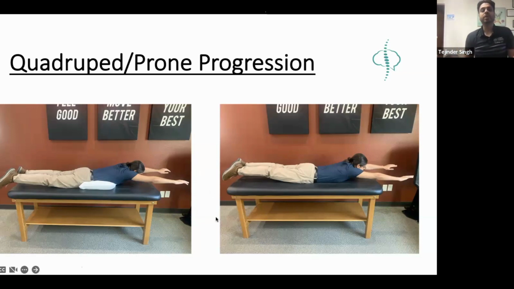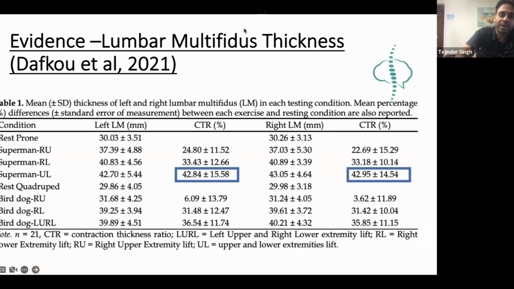As far as prone and quadruped are concerned, you can use either, but there is a catch. So this research, I'm going to show you the data published by DAFCU, and this data is very similar to the data published by a lot of people. What they did was they compared the resting prone position, where the patient is kicking on transverse abdominis.